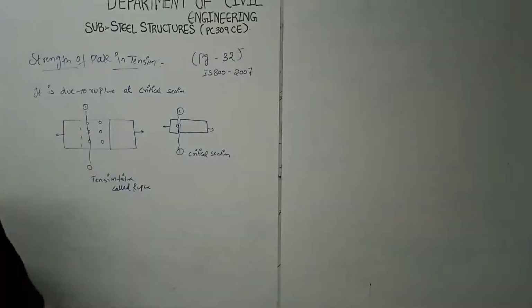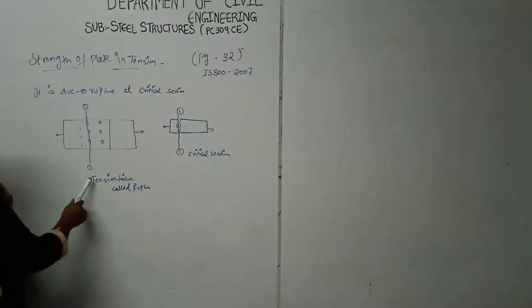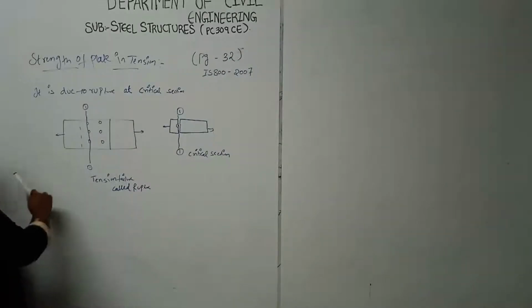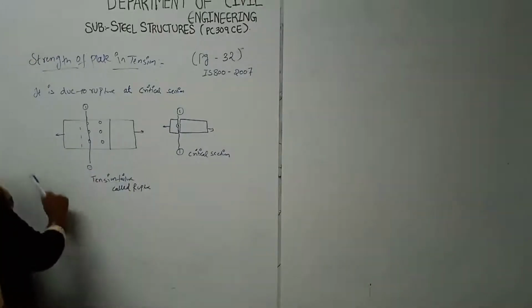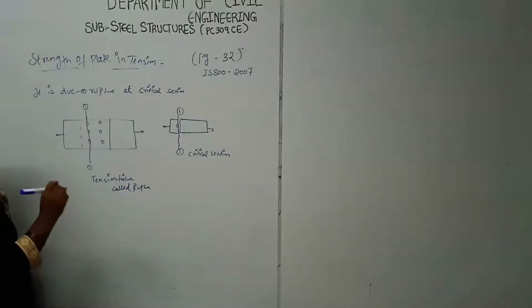So right, for this tension, this is the tension failure. We will be studying the strength of plate in tension. We will be designing our plates against the rupture, right?